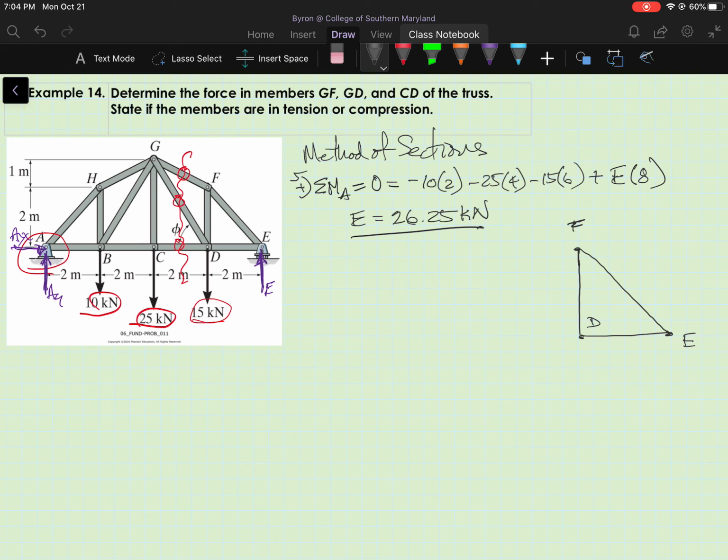And then I want to show my cut members. So I'll have a force, and I'm going to assume all of these cut members are in tension. I'm going to have FGD.